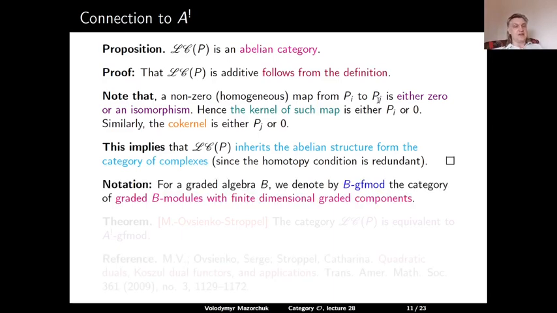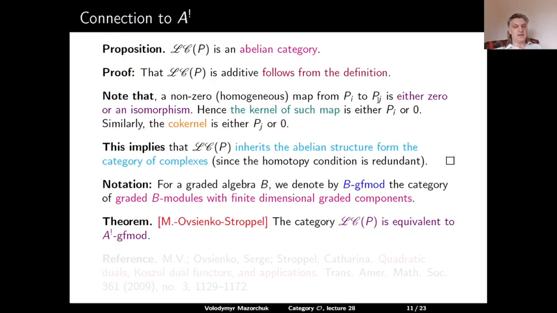So for a graded algebra B, let us denote by B GF mod the category of all graded B modules with finite dimensional graded components. The connection between linear complexes of projective A modules and the quadratic dual A prime is given by the following theorem, which is due to Catharina Stroppel, Sergei Ovsienko, and myself.